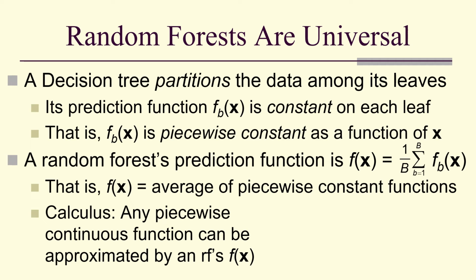What did we learn in calculus? Well, any piecewise continuous function can be approximated by an average of these piecewise constant functions. So here's an arbitrary continuous function, and here is its piecewise constant approximation.